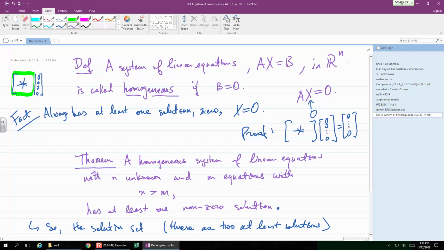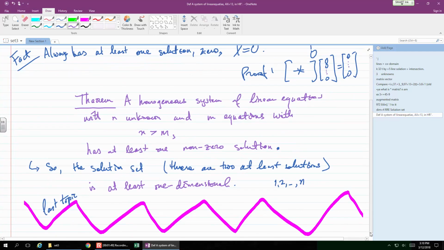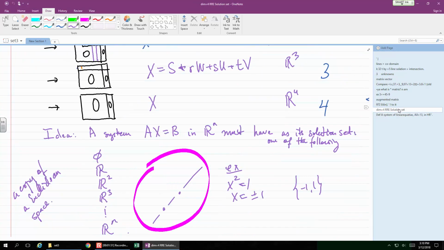Okay, back to the solution set. A homogeneous system has at least one solution, the zero solution, but they all will be, as discussed in the previous slide here. Well, actually, there's an error here. I missed one option, the empty set. So they're all copies of Euclidean space of all possible dimensions.